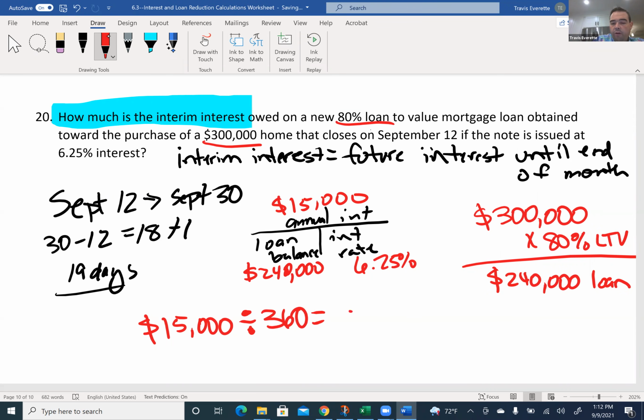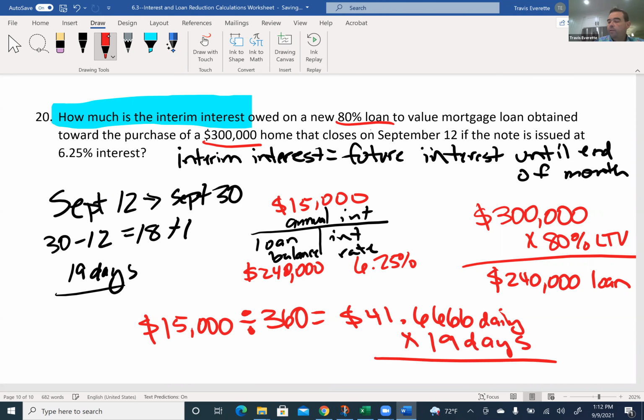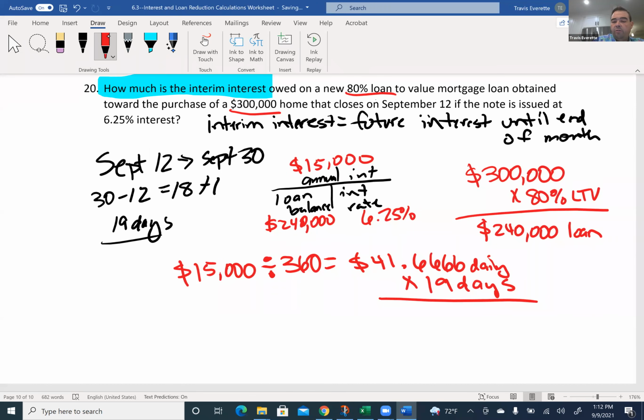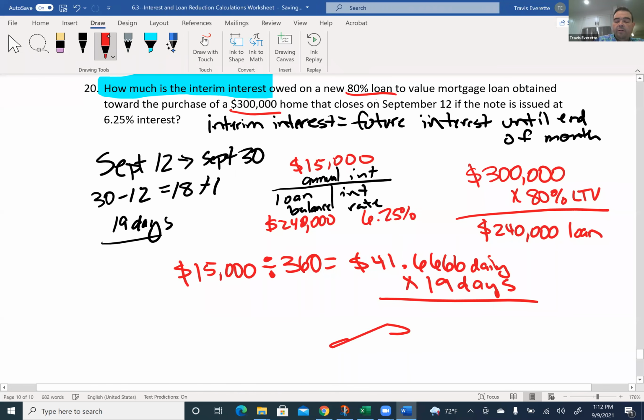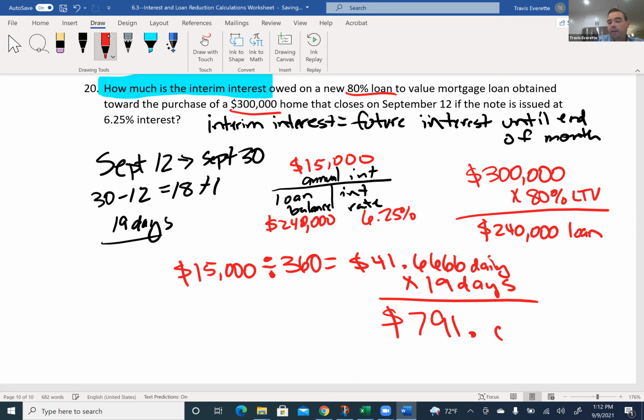And that's 41 and about 67 a day times 19 days. So our total interim interest there, folks, is going to be $791 and about 67 cents.